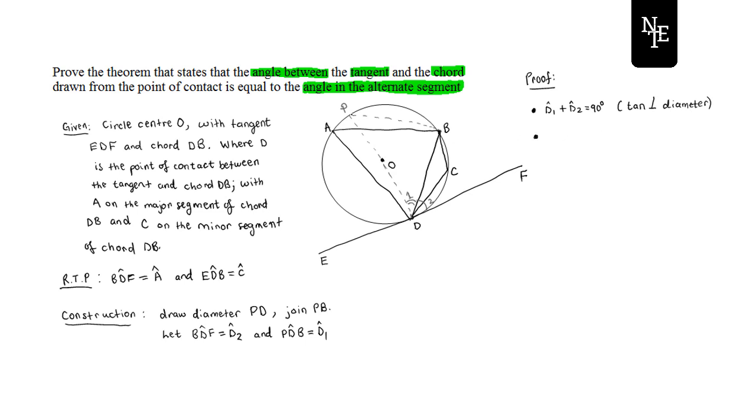In the triangle PDB, if PD is the diameter, then angle B, in other words angle PBD, that angle inside of it, let's draw it, is a 90 degree angle.